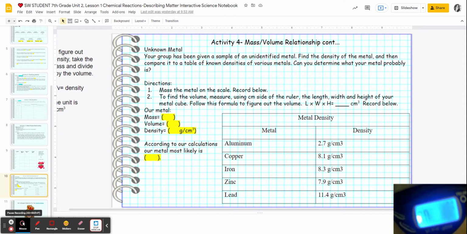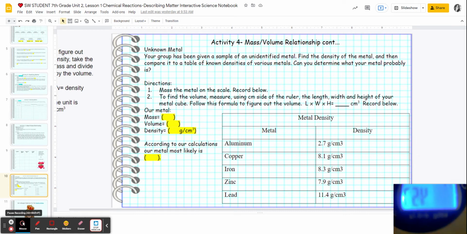Now I'm going to place the cube onto the scale, and we can see that it has gone up to 45.9, then 45.8, 45.7. We'll let it settle out. I'm going to take it off and make sure that I'm back at 0, because I did move it and we want to be accurate.